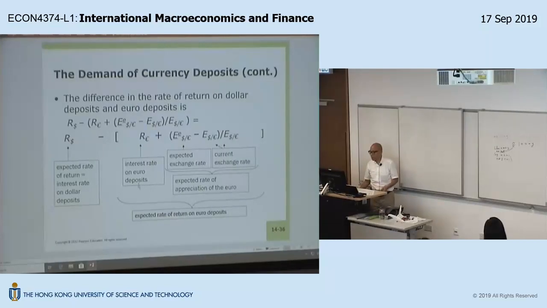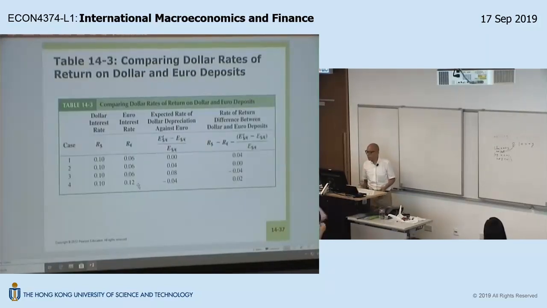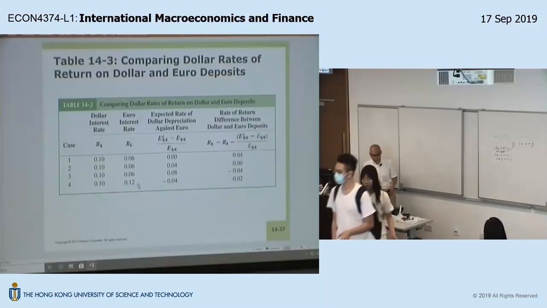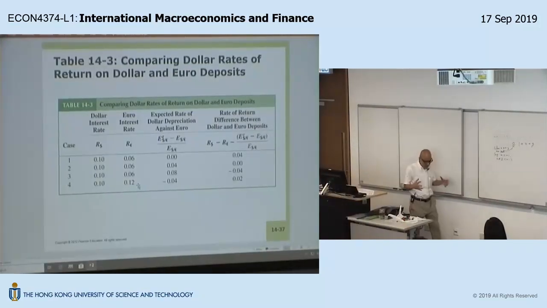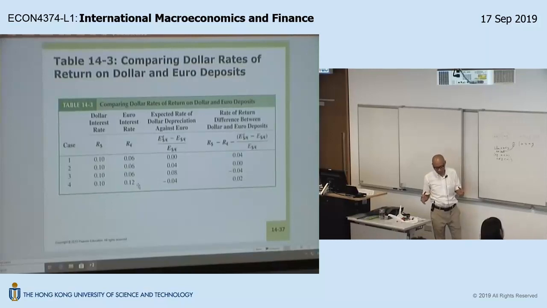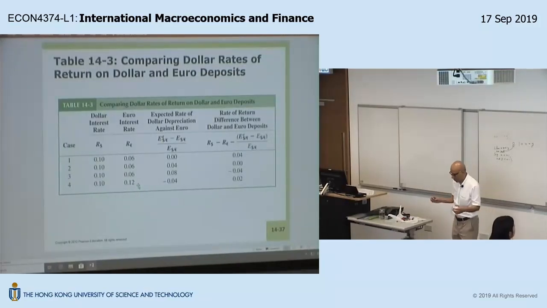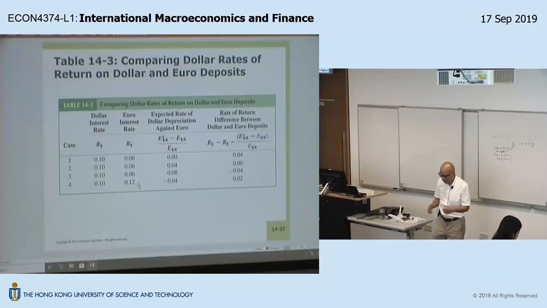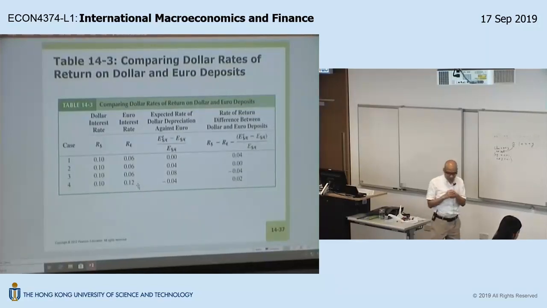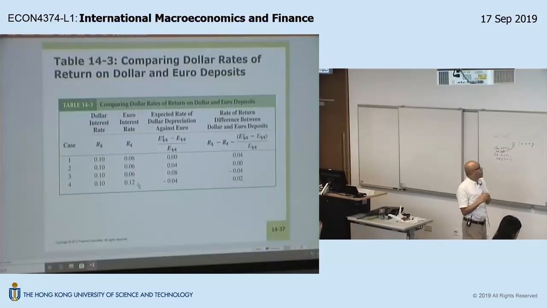Now, let's try to understand the intuition behind this equation. This is what we call the uncovered interest parity condition. Here, let's compare the dollar rate of return on dollar deposit and dollar rate of return on euro deposit.